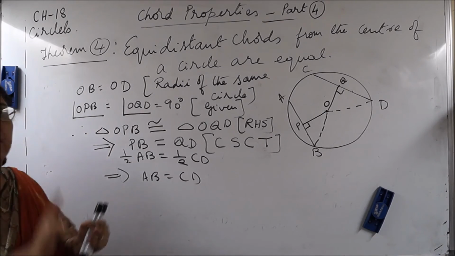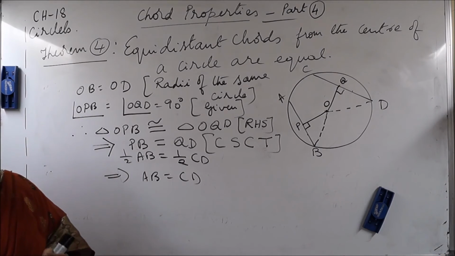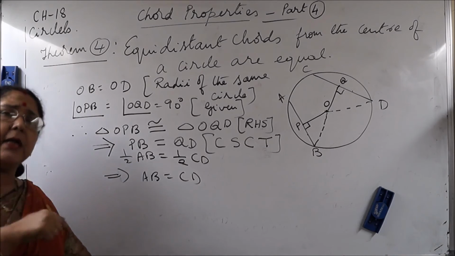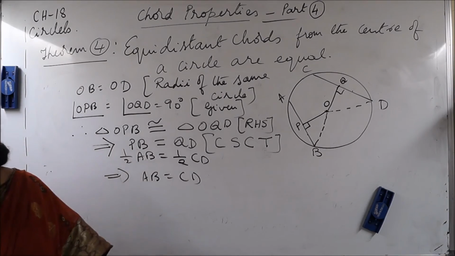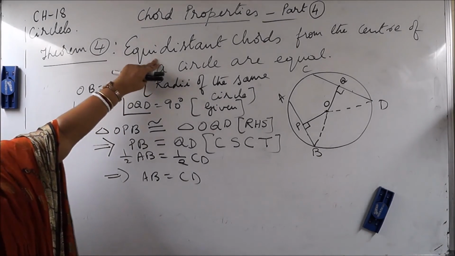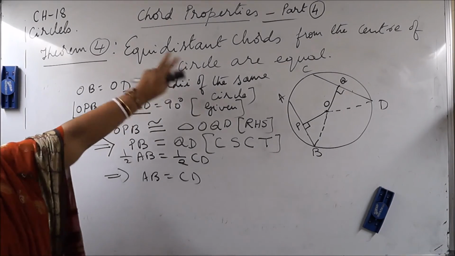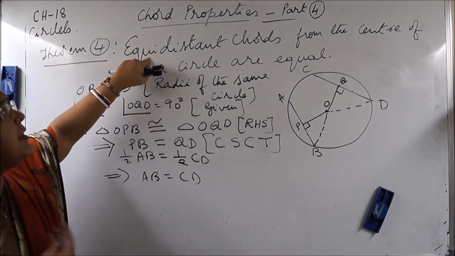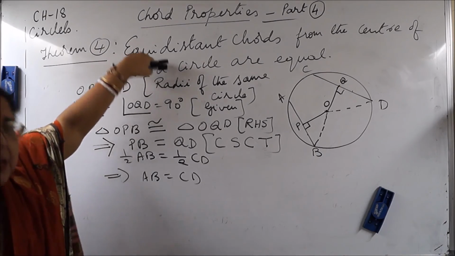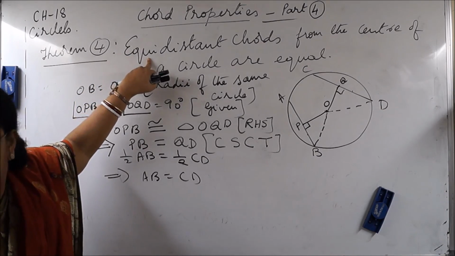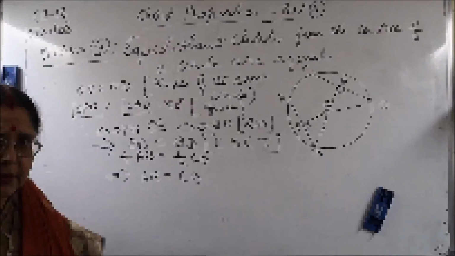In part 4 we are learning the converse of what we learned in part 3, that is, if the chords are equidistant then they will be equal, which we say as equidistant chords from the center of a circle are equal, or in short, equidistant chords are equal, and in the previous one we say equal chords are equidistant. Is that very clear, children? Okay.